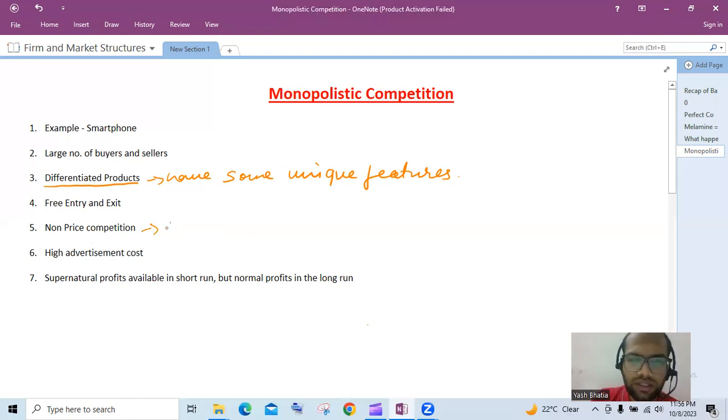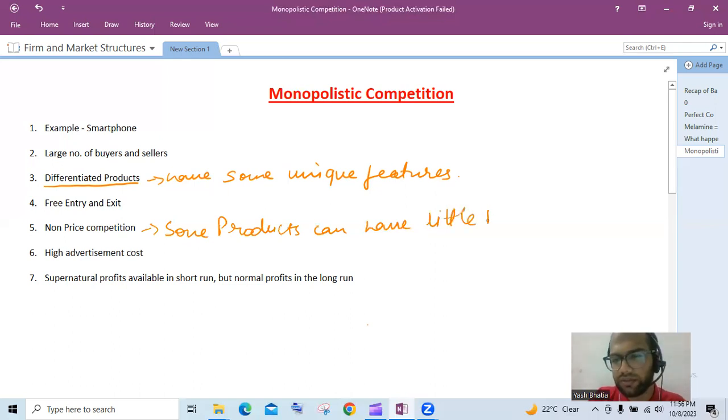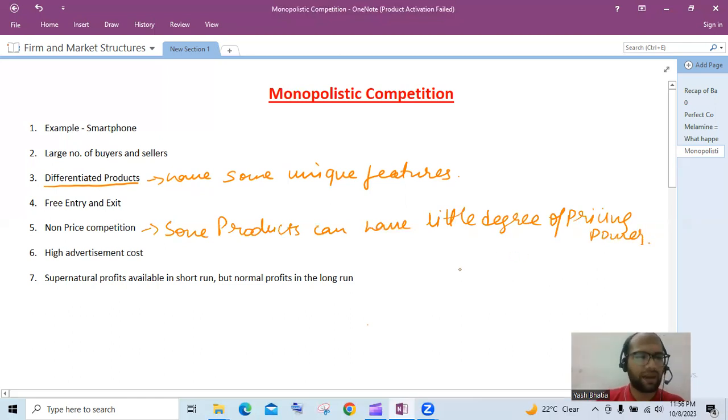So some products can have a little degree of pricing power in monopolistic competition. The example is Apple.